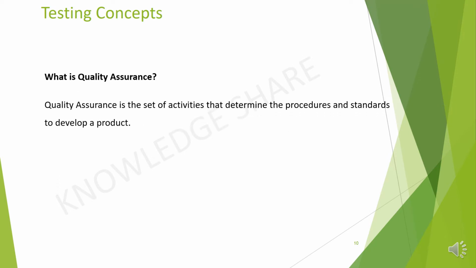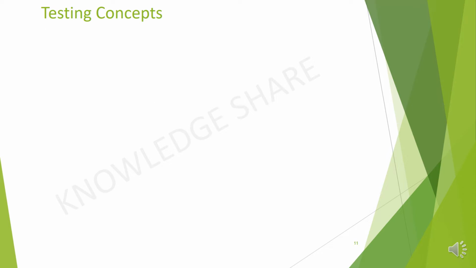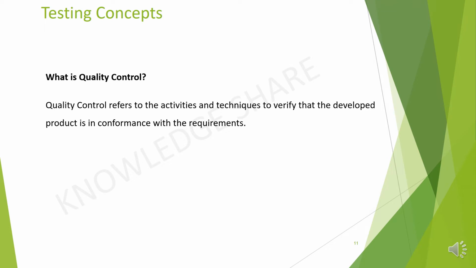Quality assurance is the set of activities that determine the procedures and standards to develop a product. Next question is, what is quality control? Quality control refers to the activities and techniques to verify that the developed product is in conformance with the requirements.